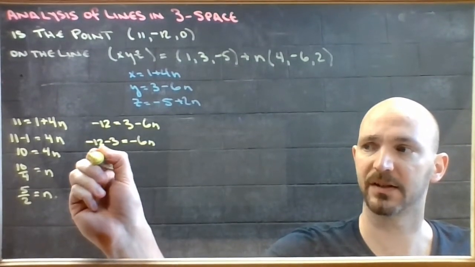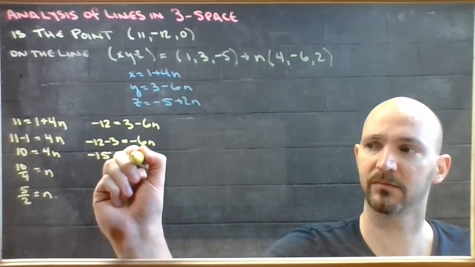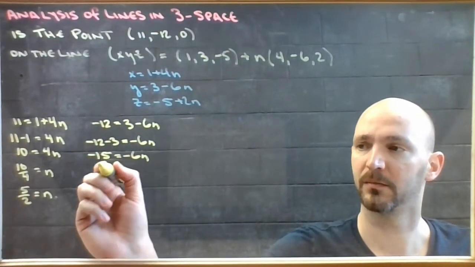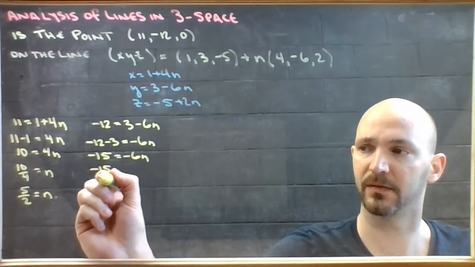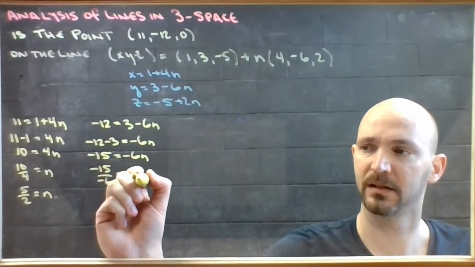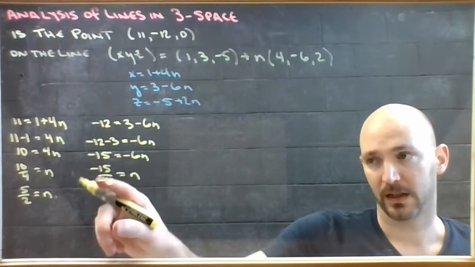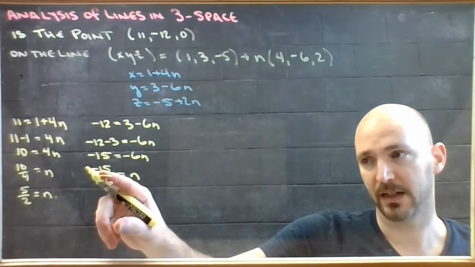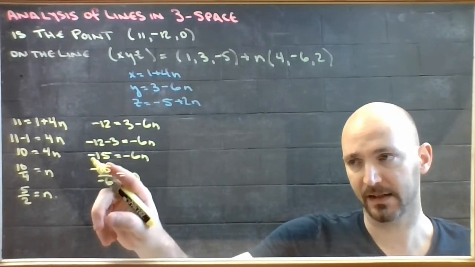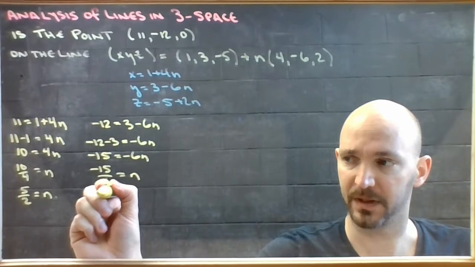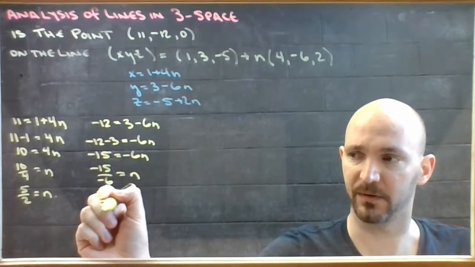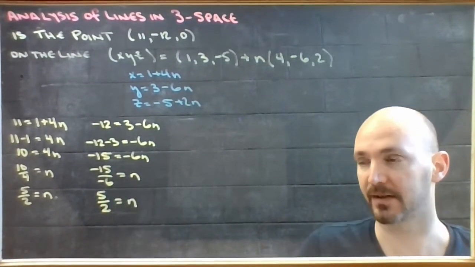Minus 12 minus 13 is minus 15. Minus 15 divided by negative 6. This divides evenly by 3, as does this. 15 divided by 3 would be 5, and 6 divided by 3 would be 2. So 5 halves. Now that's encouraging.